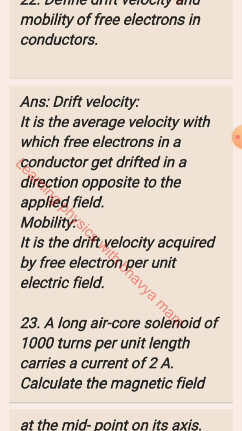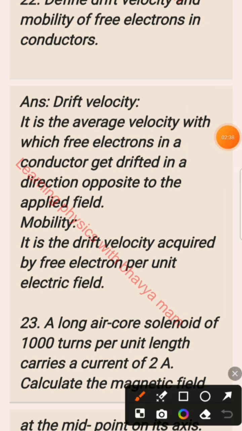And mobility is the ratio of drift velocity acquired by the electron per unit electric field. So it is the ratio of drift velocity Vd divided by electric field. It is called mobility, and it is denoted by mu. This is one of the important questions.